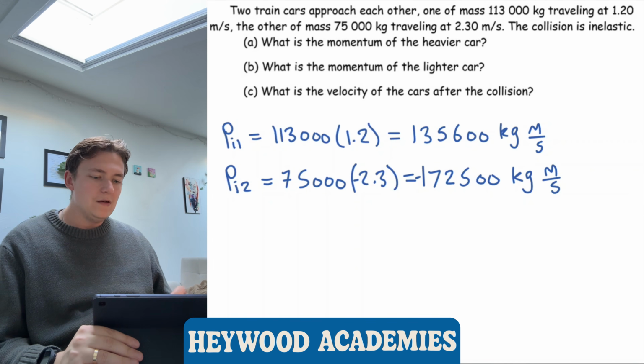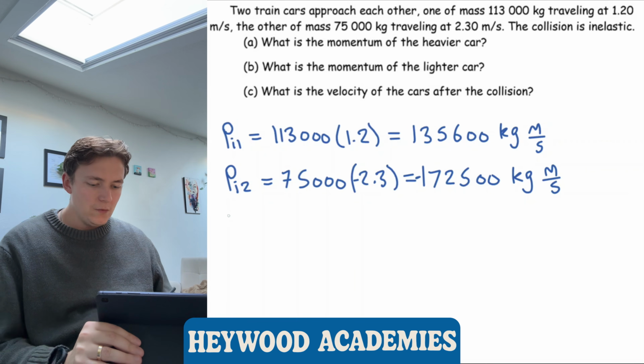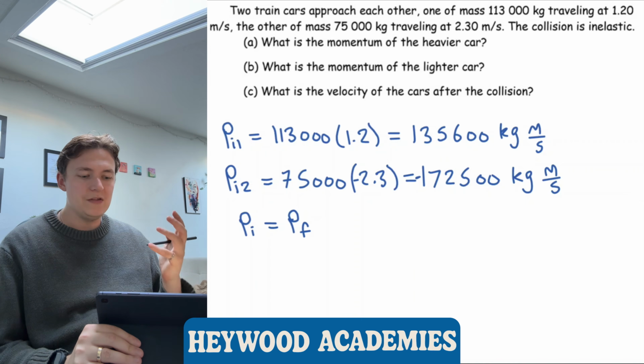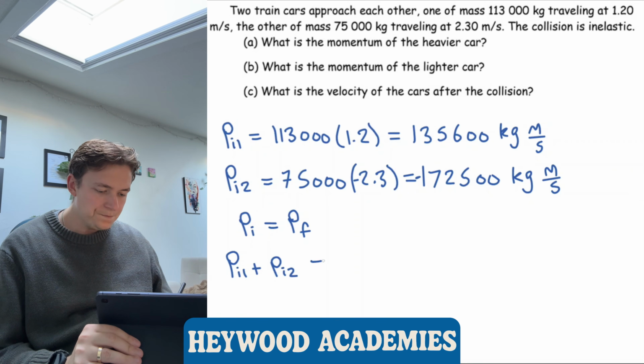Now we can deal with the velocity of the cars after the collision. So we can say that our initial momentum is equal to our final momentum. Our initial momentum is just going to be the sum of the momentum of all the objects that were moving initially. So that'll be momentum number 1, momentum number 2.